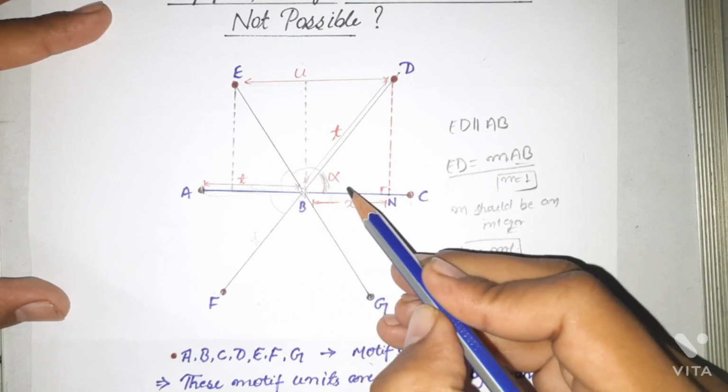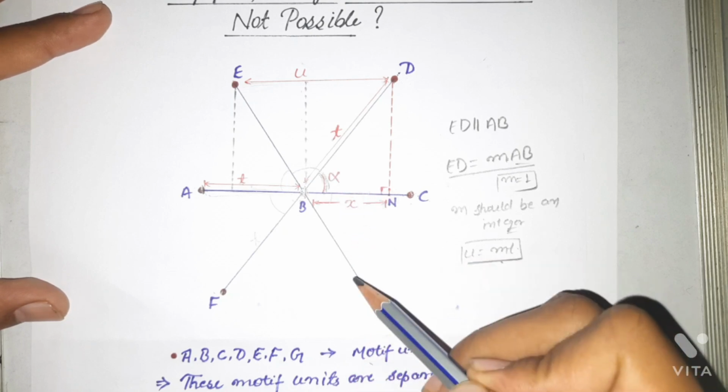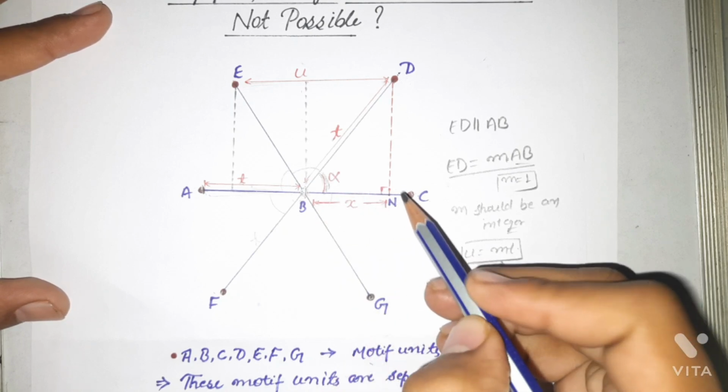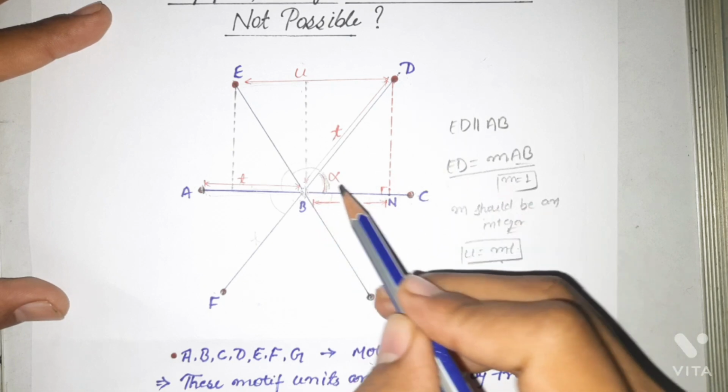Now, if we apply cos alpha in this, cos alpha equals base upon hypotenuse. Here base is BN and hypotenuse is BD. So cos alpha equals x upon T.